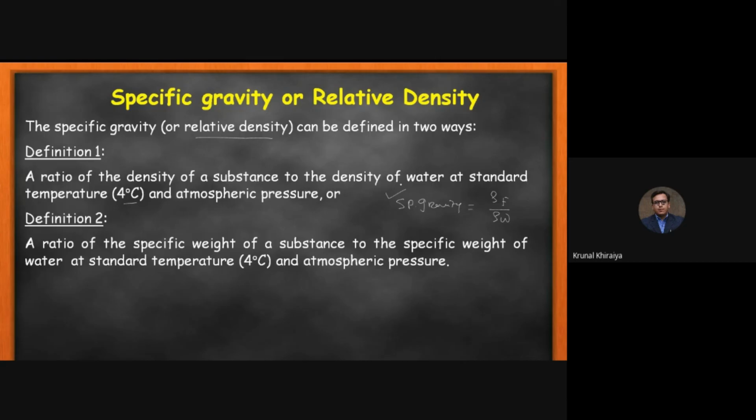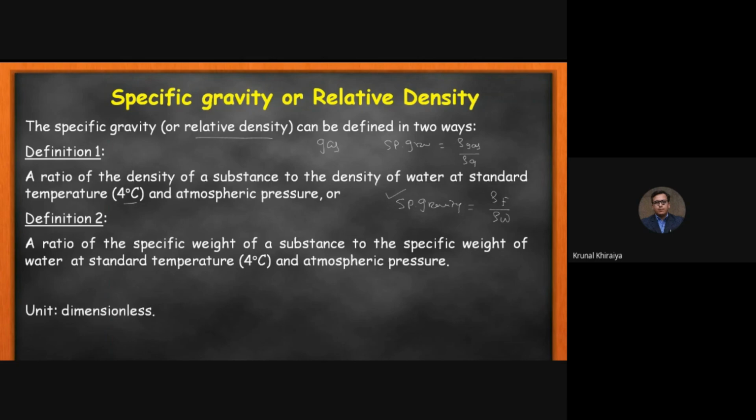And students, I want to emphasize here, if you are talking about a gas medium, then for the gas we need to take the density of the gas divided by the density of air. So specific gravity for a gas is defined as the density of the gas divided by the density of air, that is 1.24 or 1.23.